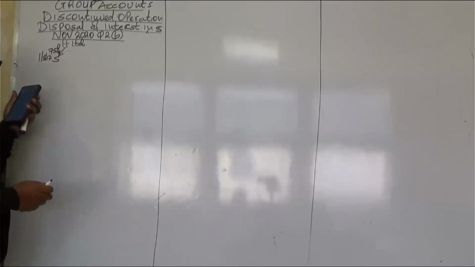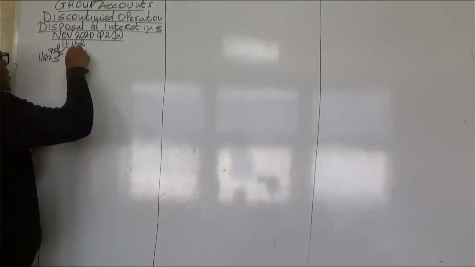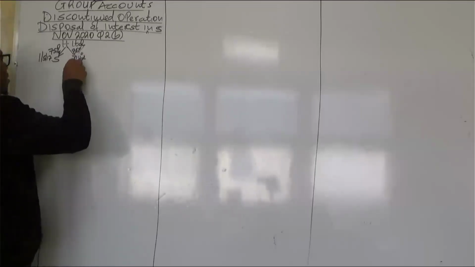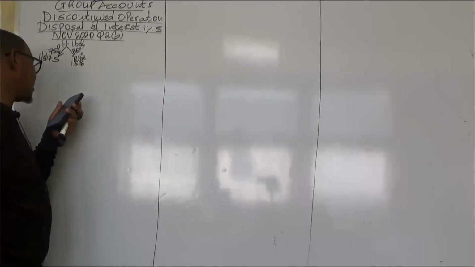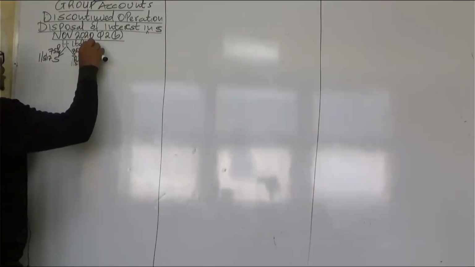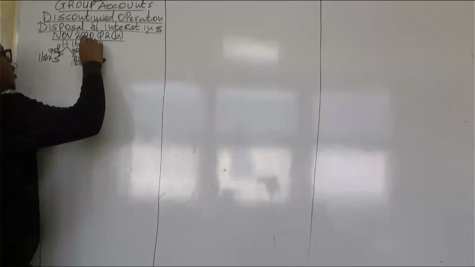On additional information number two, it acquired 80% of AFRA Limited on 1st May 2016. And on additional information number three, it disposed of 30%. When did it do that disposal? On 1st November 2019.